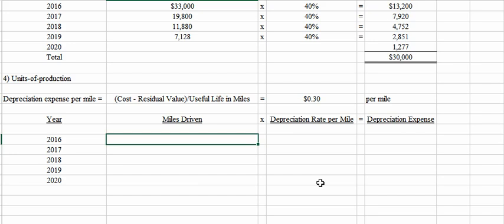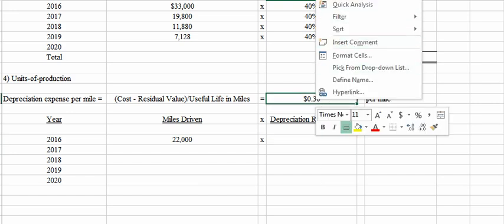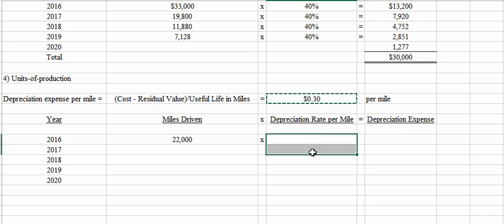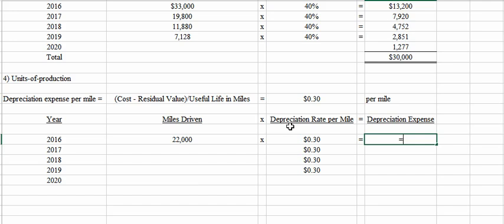Okay, well, how many miles was the van driven in 2016? That's 22,000 times our rate, and we'll use that at least for the first 4 years, and that's going to be equal to 22,000 miles times 30 cents per mile, $6,600.